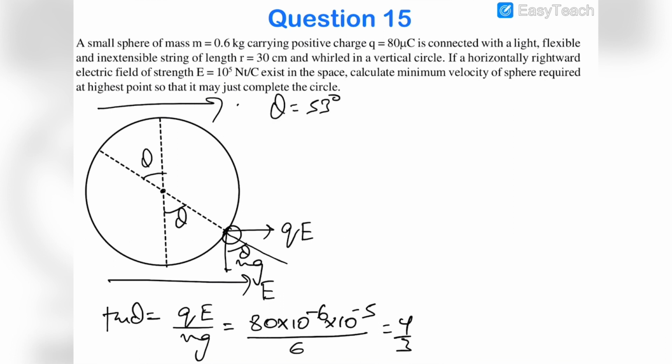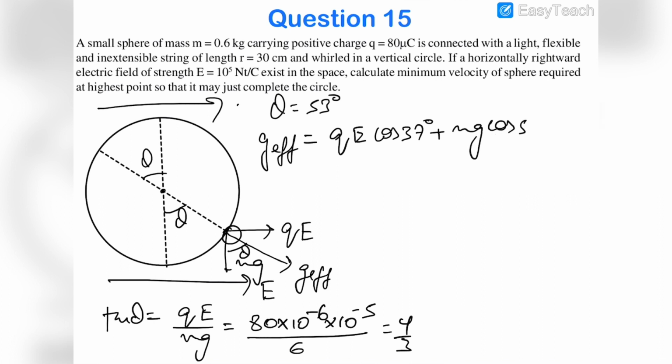Now we can also find the g effective. So g effective can be calculated as QE cos 37 plus mg cos 53, divided by m. So QE is 8.